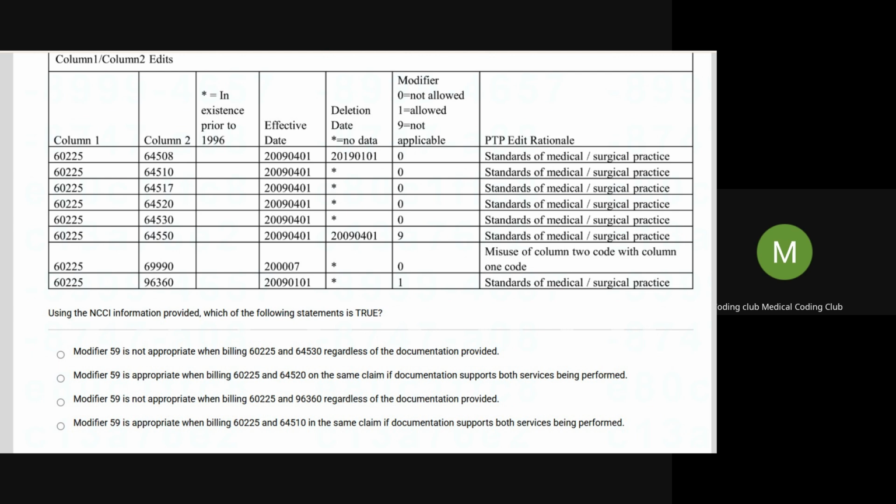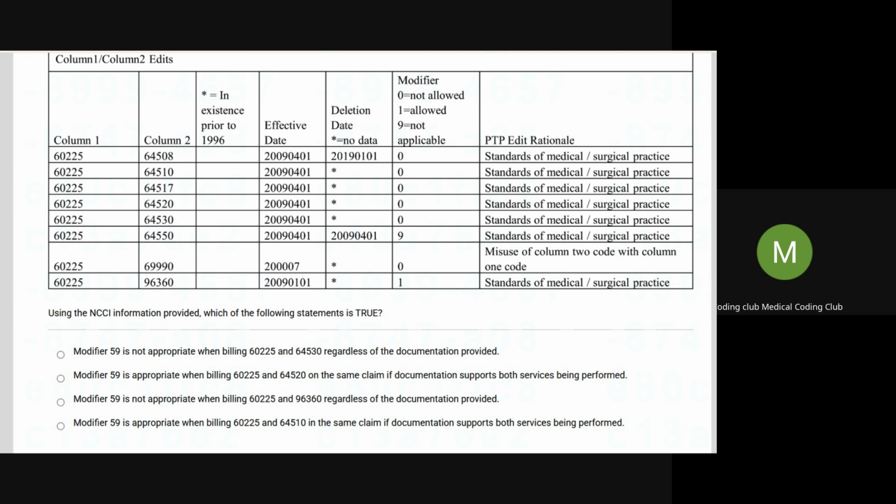Same way, if you are billing using the 59 modifier and you get 1 as your indicator, that means the modifier is allowed. At that time you will usually report your modifier with the column 2 code, the component code, using modifier 59.